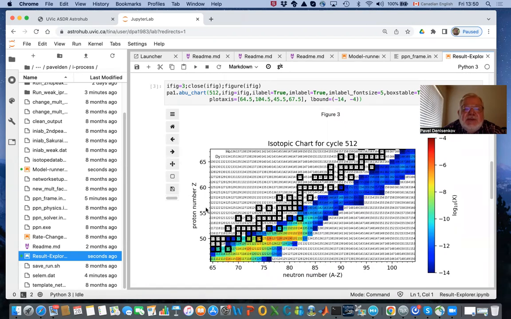For instance, proton number 56, this is barium. There is not a lot of barium produced; its mass fraction is of order 10 to the minus 14, because the weak i process produces intermediate mass isotopes. Here you can see this is 50, a magic number, by the way, proton number, neutron number, etc.